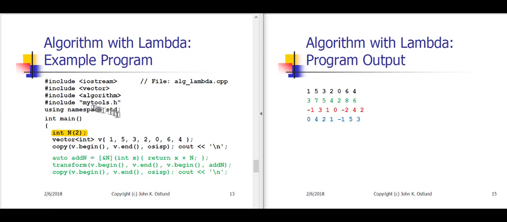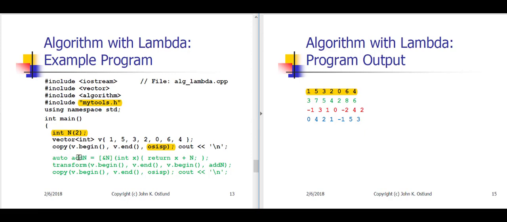And we'll assume, because I've got my tools included here, that the ostream iterator is available to me. That displays to the cout output stream integer values separated with spaces. And so if I copy v from begin up to but not including end, that will simply display the values that are currently in v. So no lambdas going on yet, we just displayed the initial contents of v.